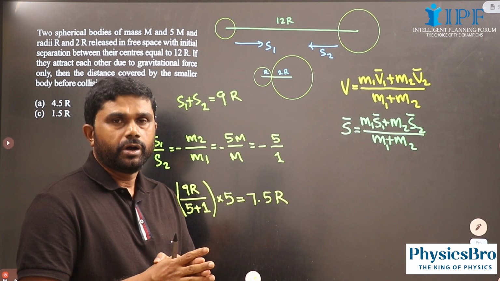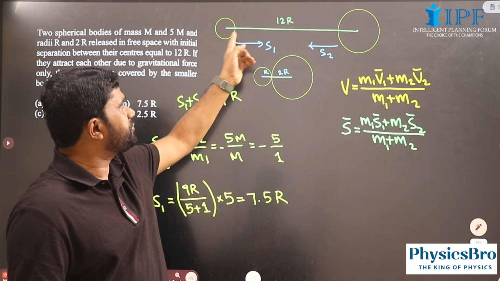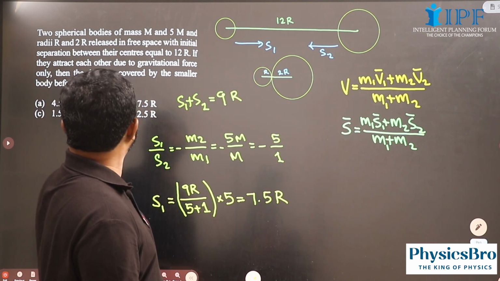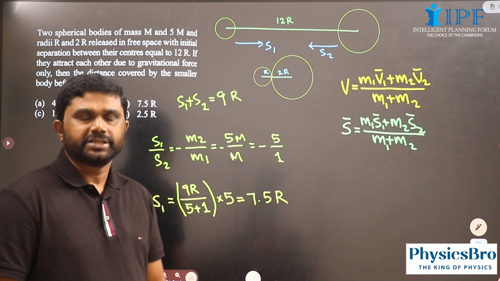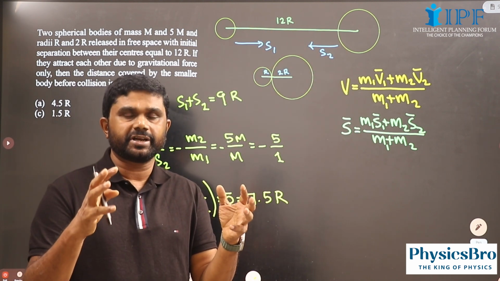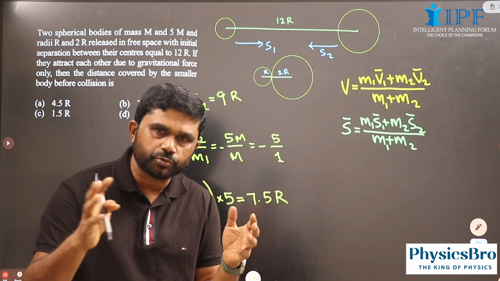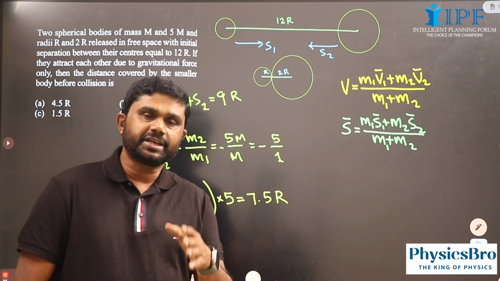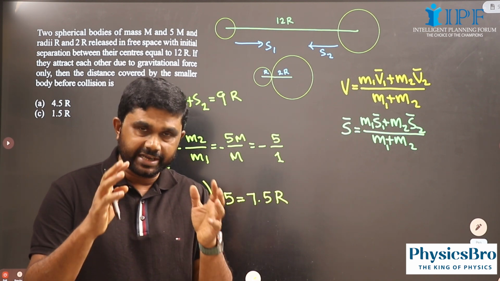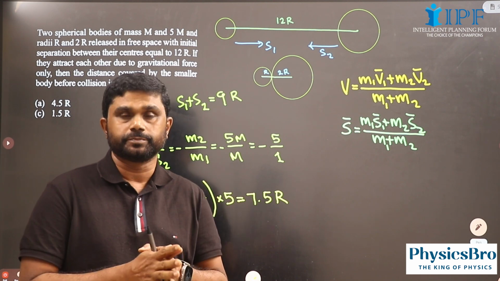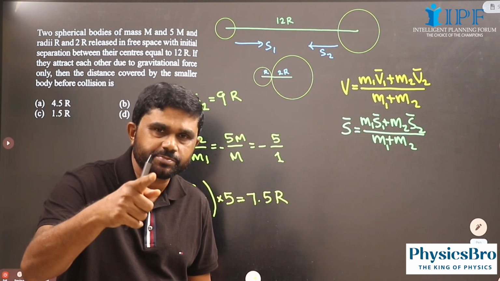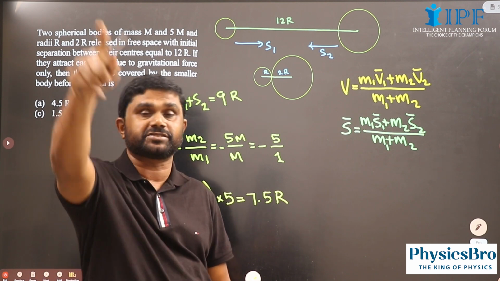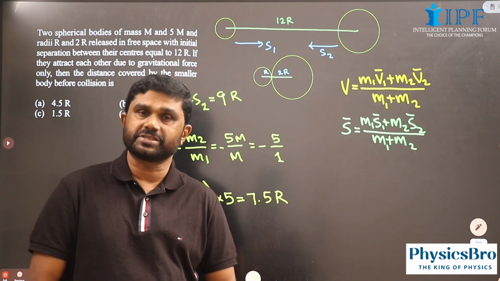Okay, so S1 is the displacement of the smaller ball and S2 is the displacement of the bigger sphere. Okay, then the relative velocity of 1 with respect to 2 is v1 minus v2. Relative displacement is also like that, S1 minus S2. But here S1 and S2 are in opposite direction. So relative displacement will be S1 minus S2, that is S1 plus S2.